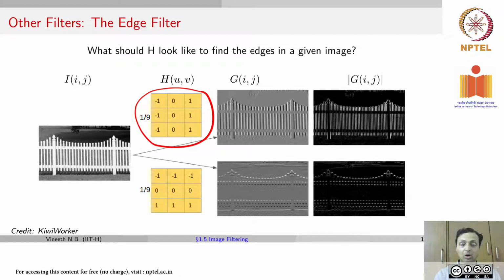A horizontal edge filter would do the same thing, but along the horizontal directions. This 1/9 here is again a normalizing factor, but you typically do not need that in an edge filter, because we are not interested in the absolute edge value, but we are interested in high intensities where there's an edge. We'll talk about this a bit more when we go into edge detection a few lectures down the line.